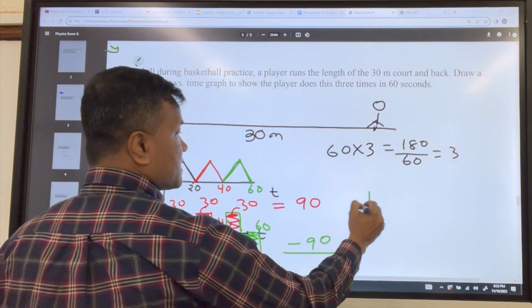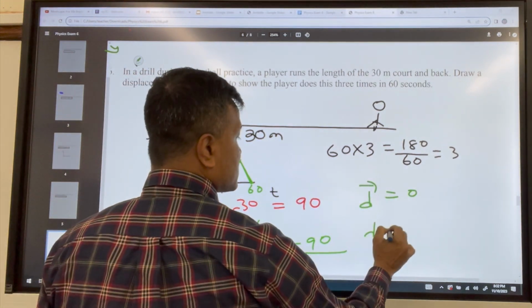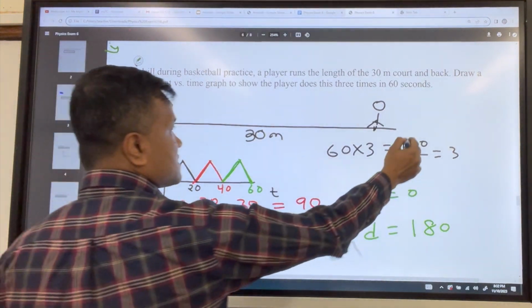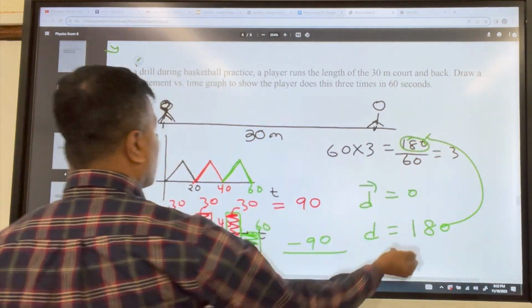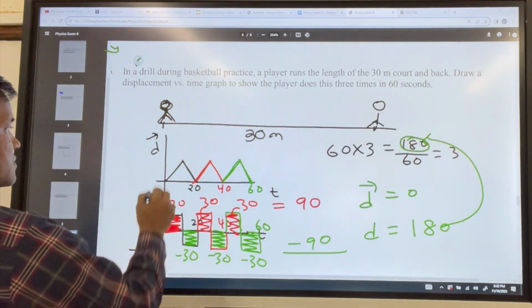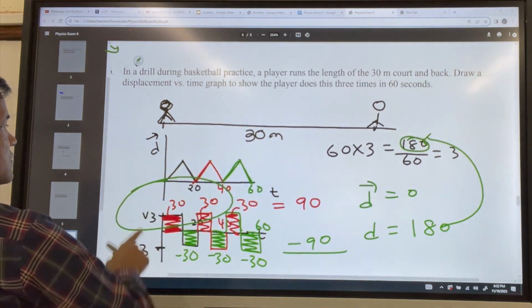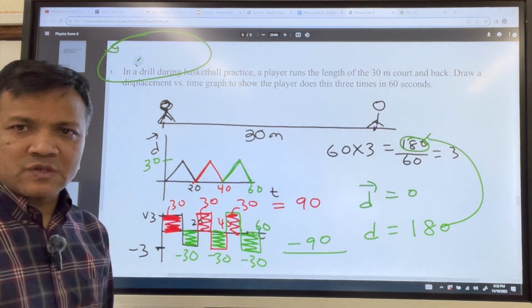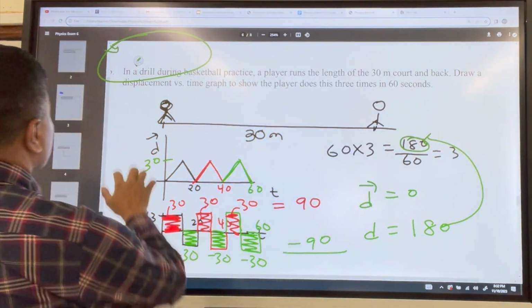So displacement is 0 and distance is 180. I didn't ask you to do all those things. All you need to do is make sure you write 30 over here. Good. So this was problem number 6.